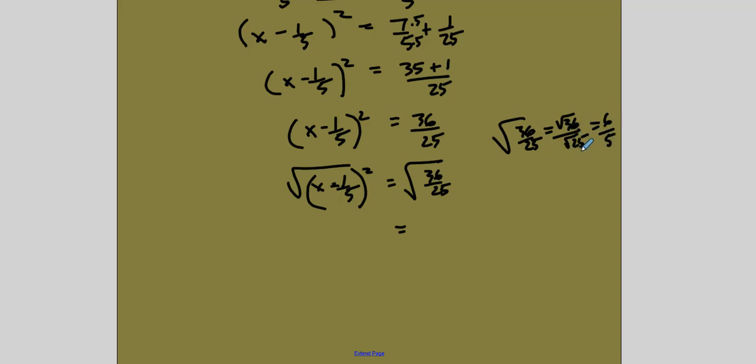Square root of 36 is 6, square root of 25 is 5. So this is 6/5. So now on the left side, I'm taking the square root of a square, so that's the absolute value of x minus 1/5 equals 6/5. So now, removing the absolute value sign, I go x minus 1/5 is plus or minus 6/5.